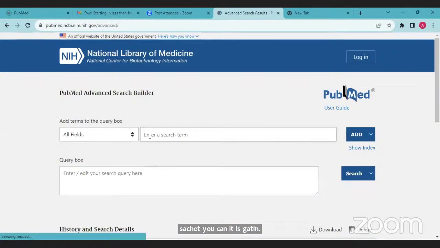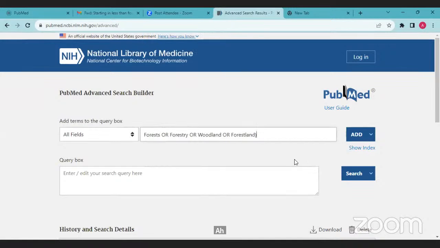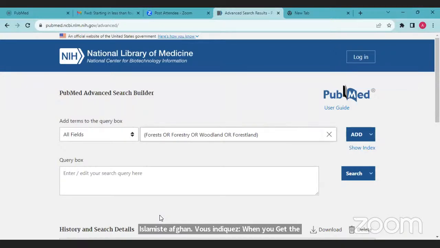So I go back to advanced and I search. And I may say that for this particular one, sometimes we have to make decisions. For the forest, there are certain words that are very, very key, isn't it? When you get the key terms, you may get words that actually you want only in the title.